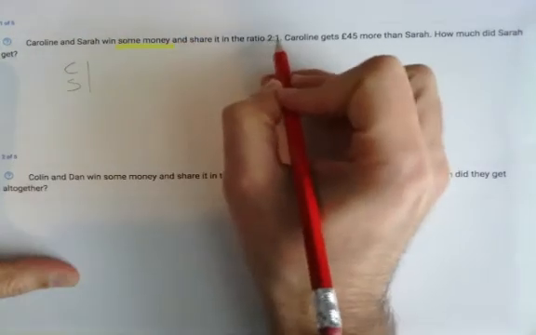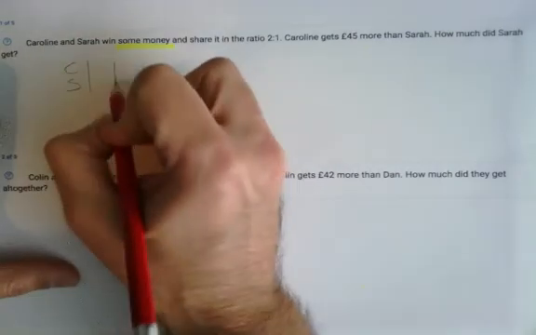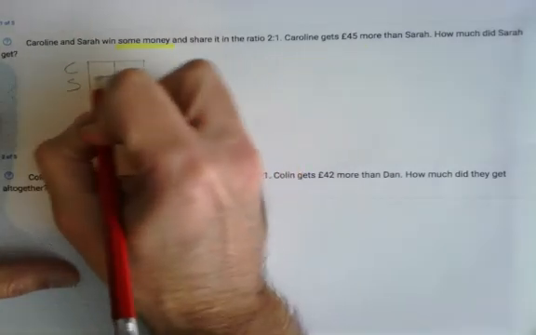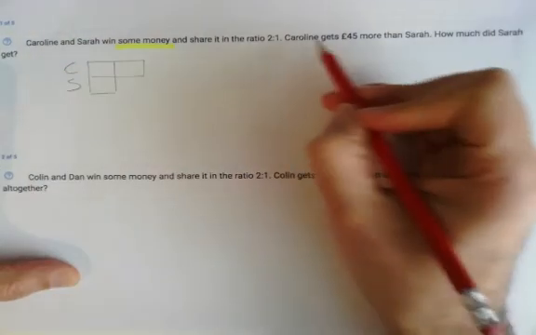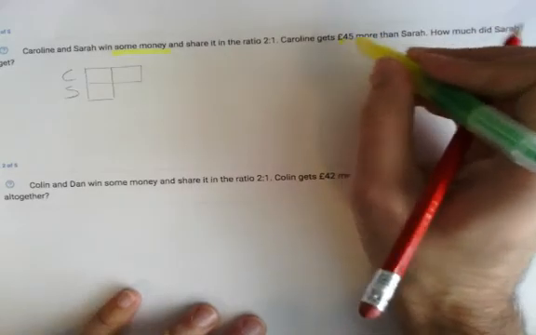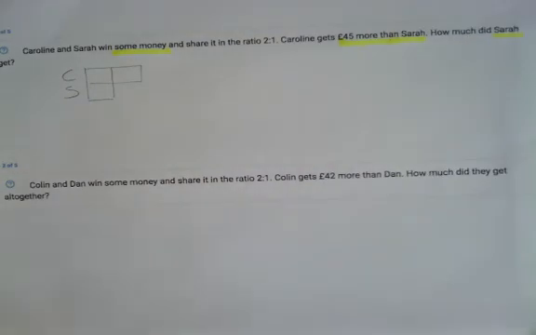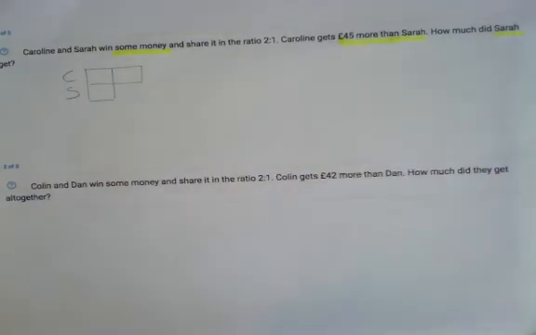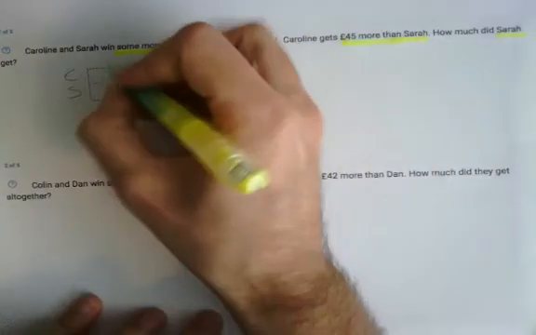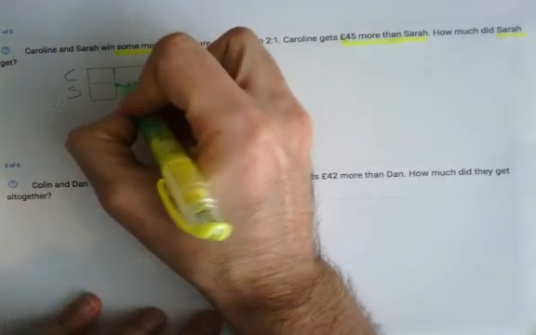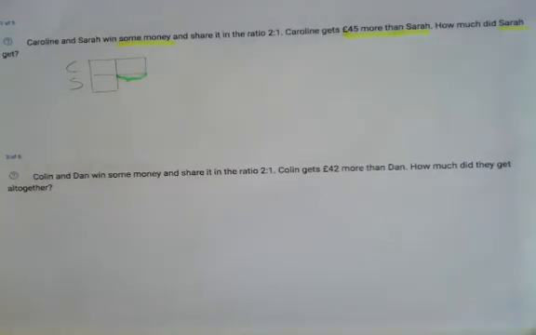So let's draw that out. So Caroline and Sarah in the ratio 2 to 1, which means Caroline gets 2 blocks and Sarah gets 1 block. Caroline gets £45 more than Sarah. How much did Sarah get? Okay. So that means that the extra block that Caroline gets must be worth £45.